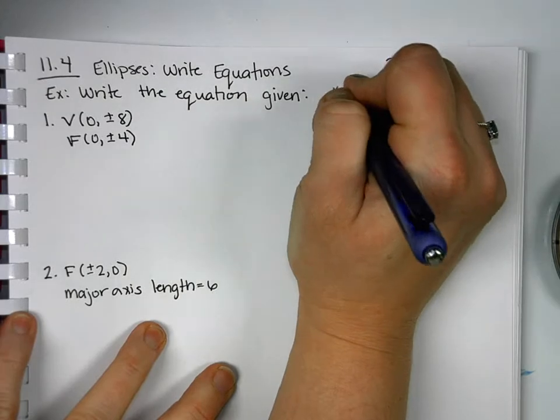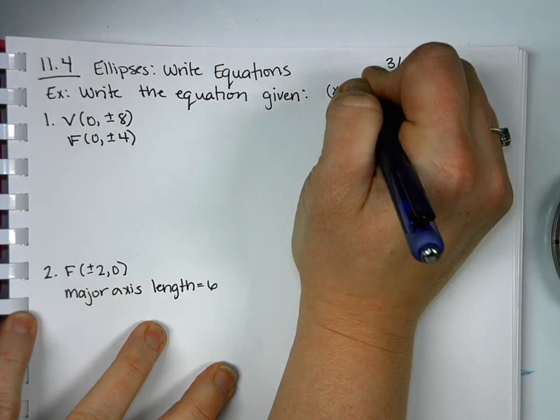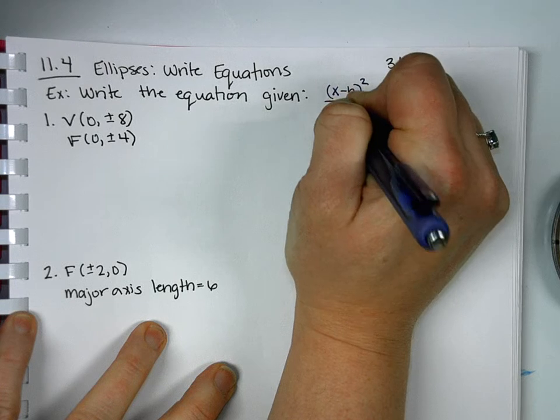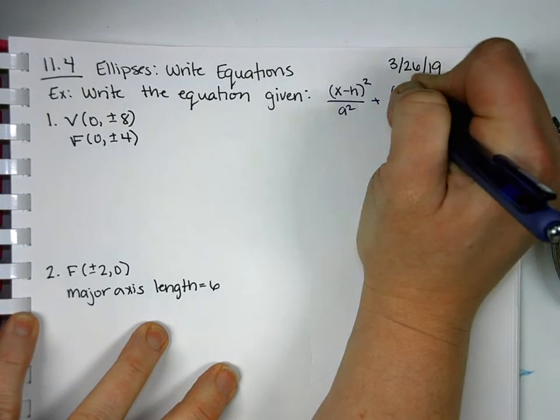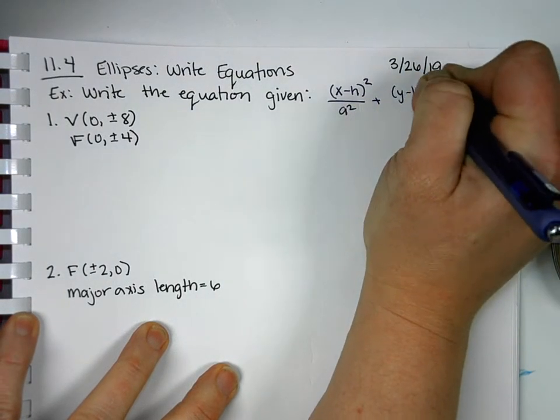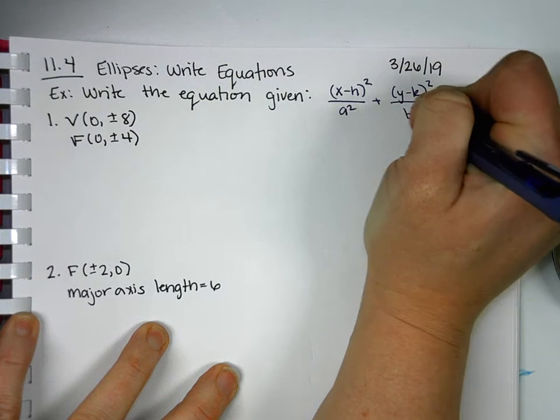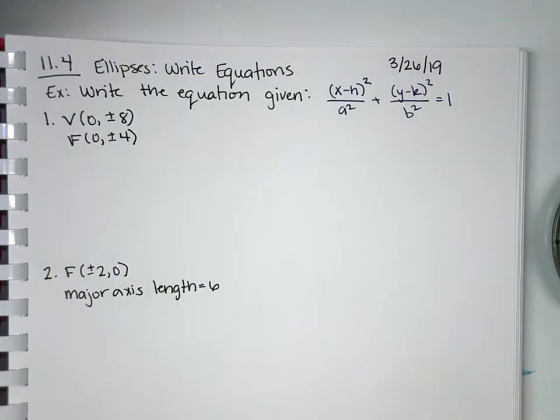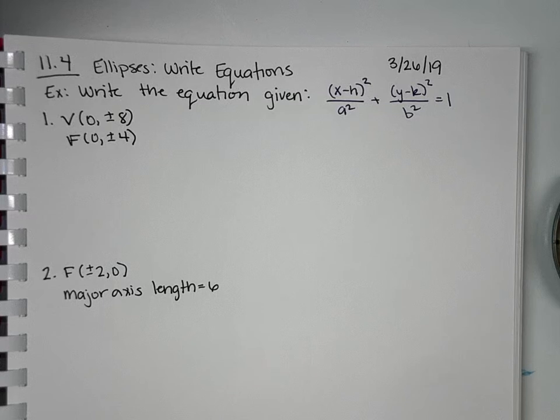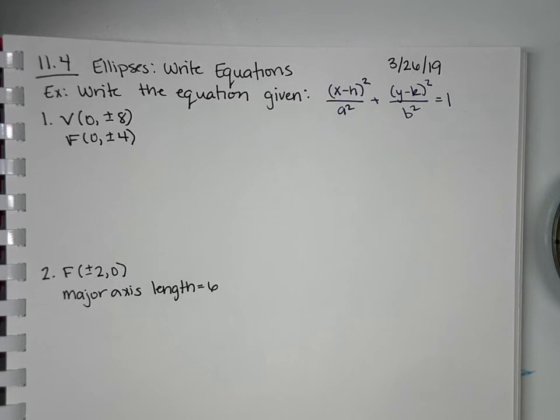So the standard form, x minus h squared over a squared plus y minus k squared over b squared equals 1. So what we really need to look for in order to write this equation is our center for h and k, and the distance between our center and our vertices and co-vertices so that we can find a and b.